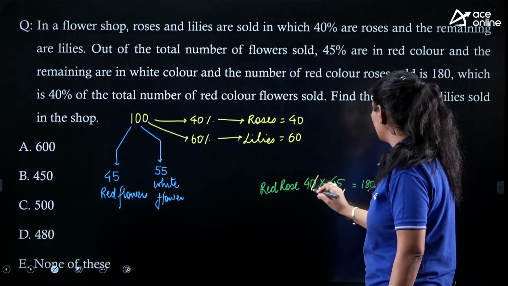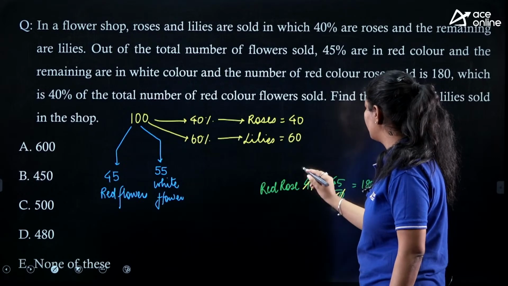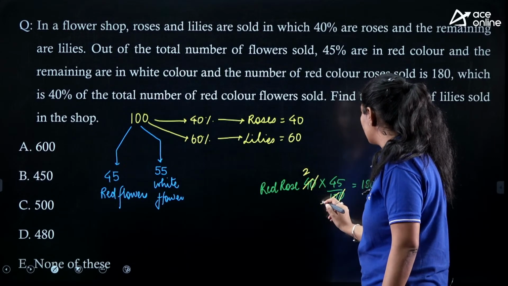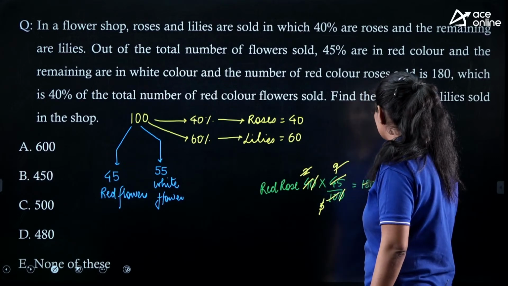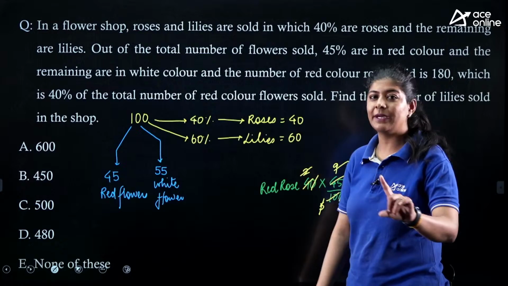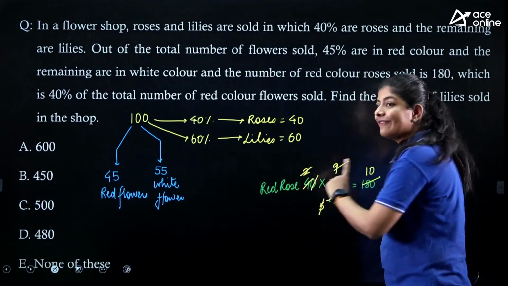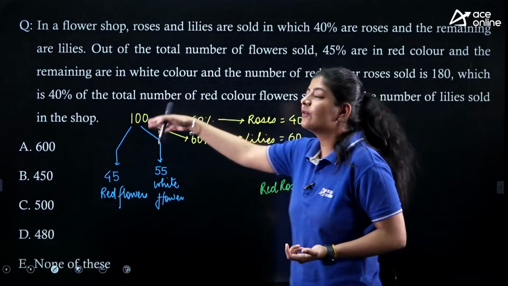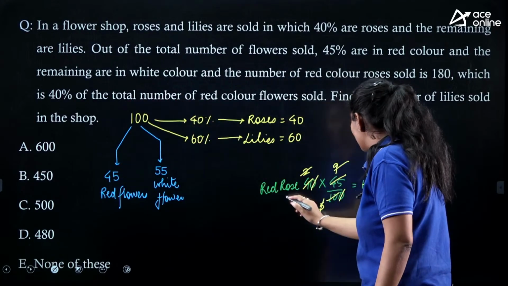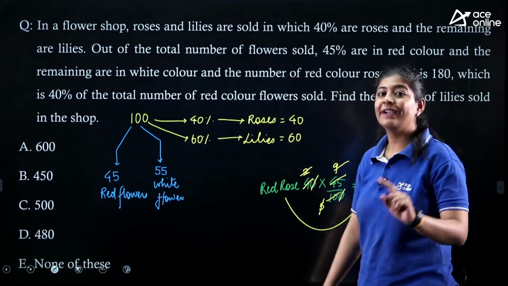Here we can eliminate it with the help of 2, so we are getting 2, 5 and 9. Here we are getting 18, so that means it is present on the multiple of... Here we are not getting the value, we are only trying to find out on which multiple these values are present, right? So these values are present on the multiple of 10.